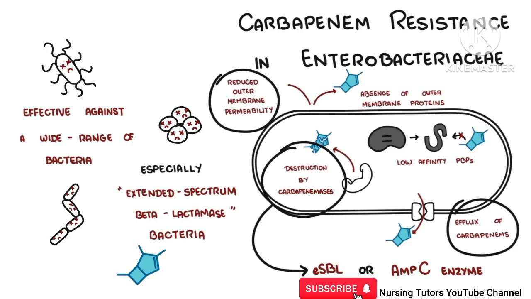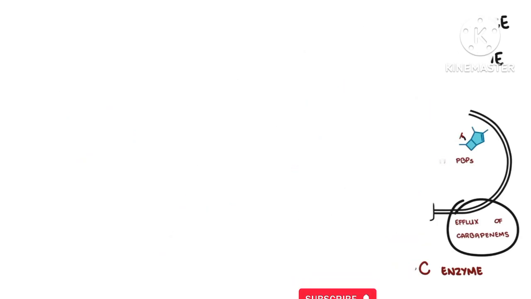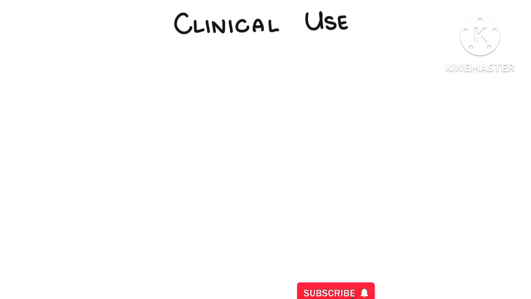Among all the other microorganisms that we have discussed, carbapenems are only resistant to those. And they have a wide range because they are also effective against methicillin-resistant Staphylococcus aureus.